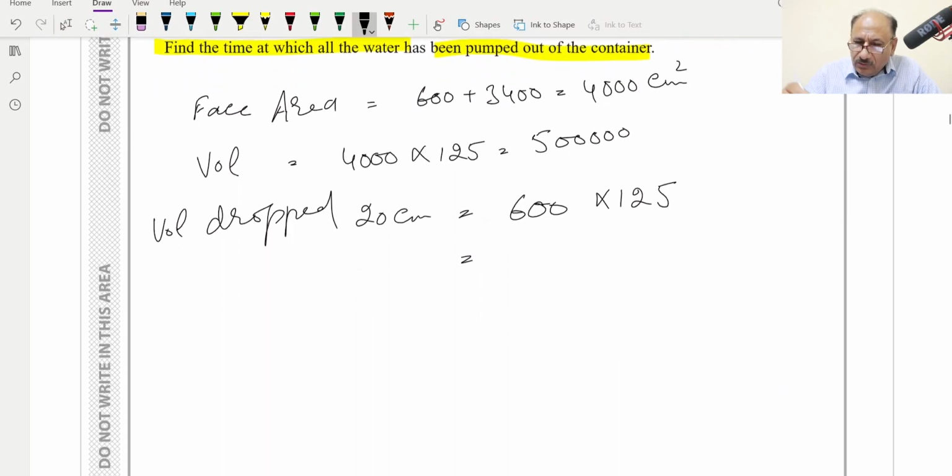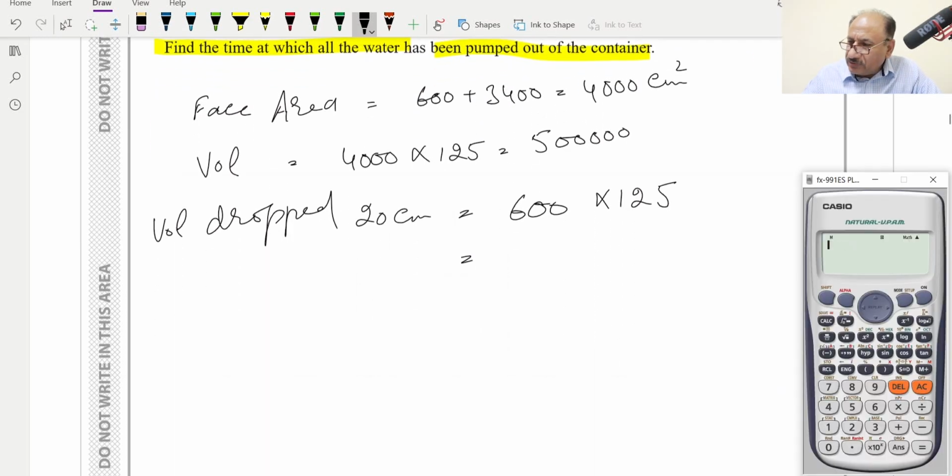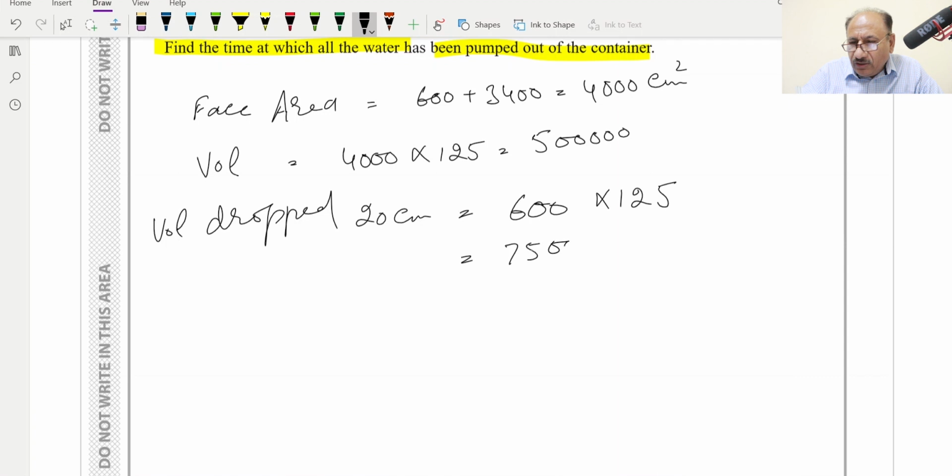So we can multiply 600 by 125. This is equal to 75000 centimeter cubed, and this is also centimeter cubed.